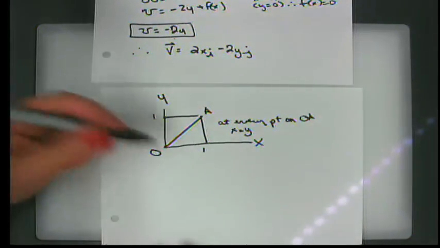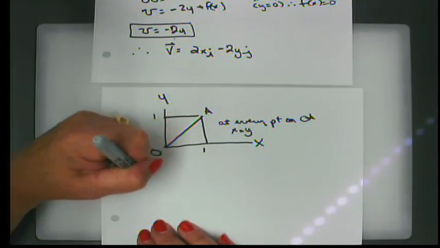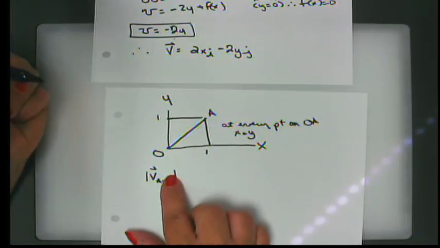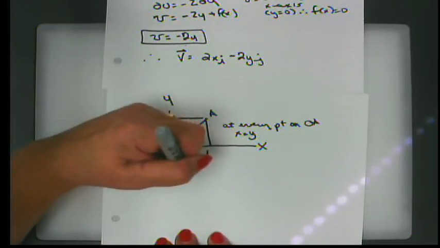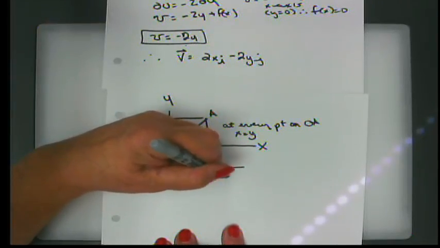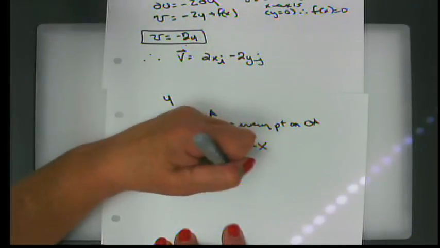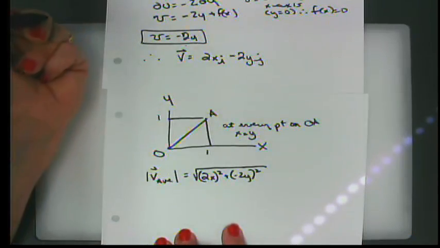So that kind of simplifies our ideas here. It asks us for the magnitude of the average velocity along that line. Well, since we have this velocity equation, we know that the magnitude is the square root, using the theorem of Pythagoras, of those two terms, since it's a two-dimensional flow field.